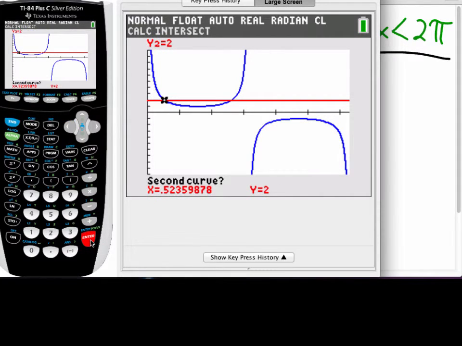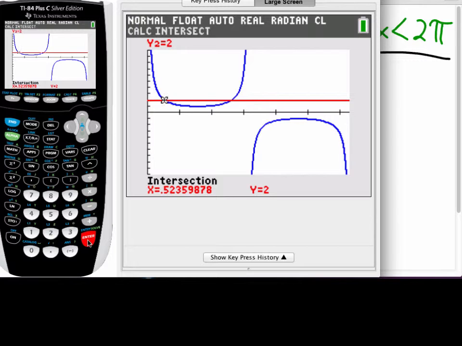All right, first curve, second curve, guess. And it's 0.52. Now remember, that's probably pi divided by some number. Probably. Okay? So pi divided by some number is 0.52.